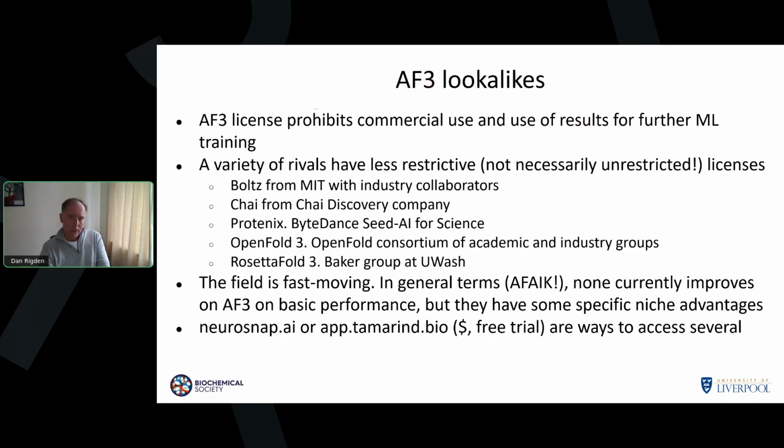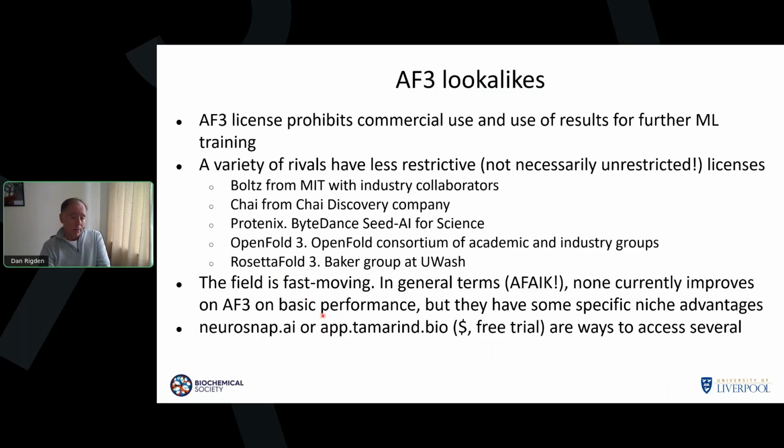It's quite driven by the relatively restrictive license in AlphaFold 3 in terms of not allowing commercial use, but it's also driven by people who want to explore the detailed operation in a bit more detail than AlphaFold 3 allows. In broad terms, as you'll see as we go through, in a lot of basic tasks there's nothing that's better than AlphaFold 3, but often these methods are almost as good and may in some cases be better, as I'll show you.